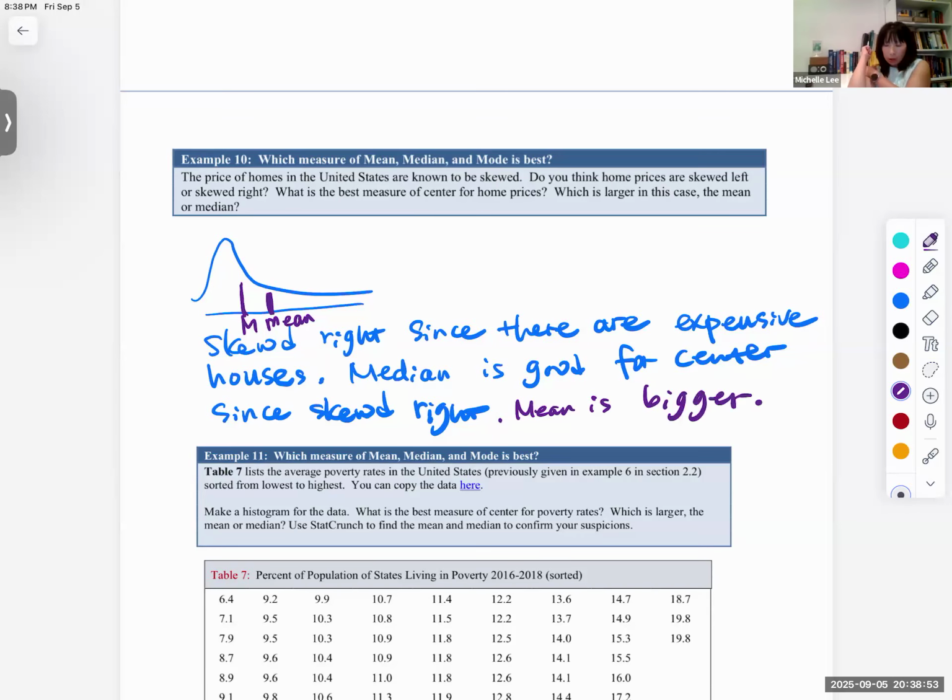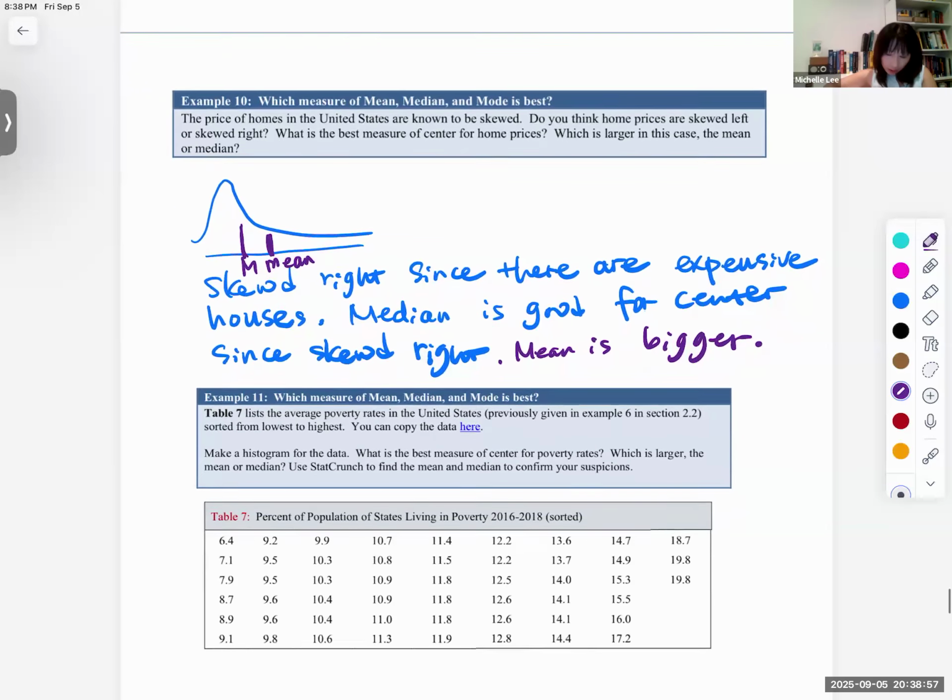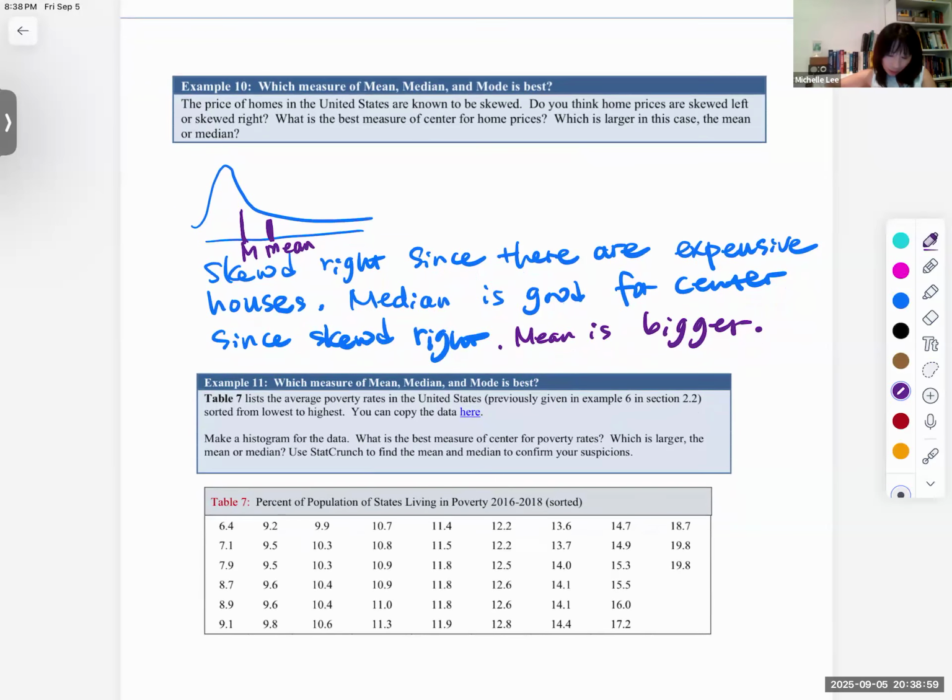Yeah. All right, let's take a look. We have a table, and we want to know about the histogram. It depends on the histogram, right?